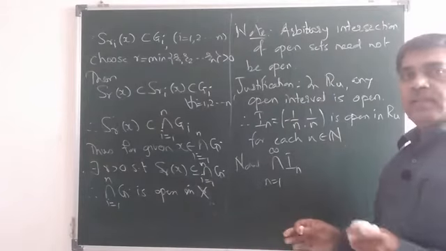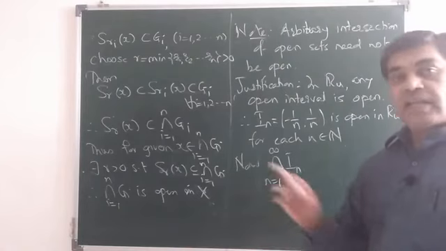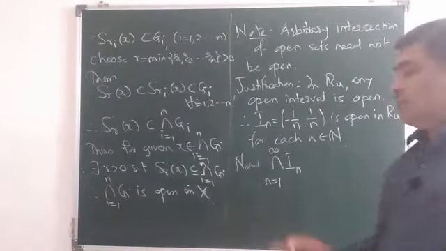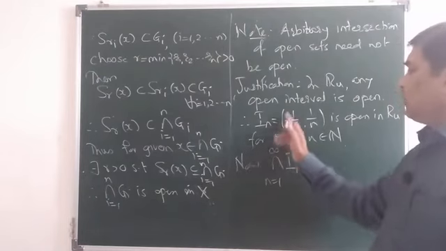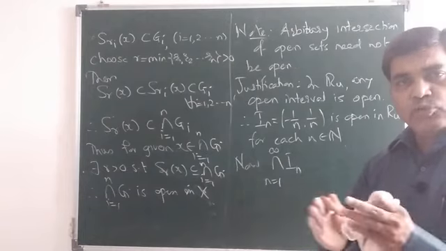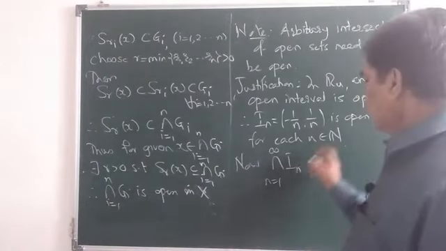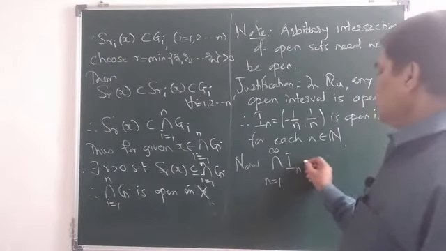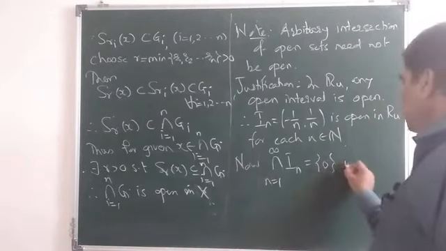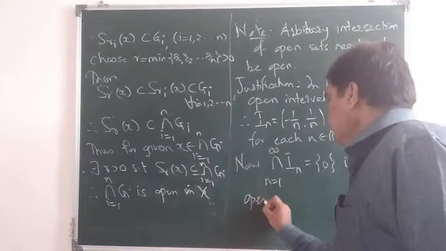If I take the intersection of the first 10 open intervals, then it is I10. The intersection of 1 lakh intervals is I1 lakh, that is minus 1 upon 1 lakh to 1 upon 1 lakh. So the size of the interval goes on decreasing, and as n tends to infinity, this is the singleton {0}, which is not open in R usual.